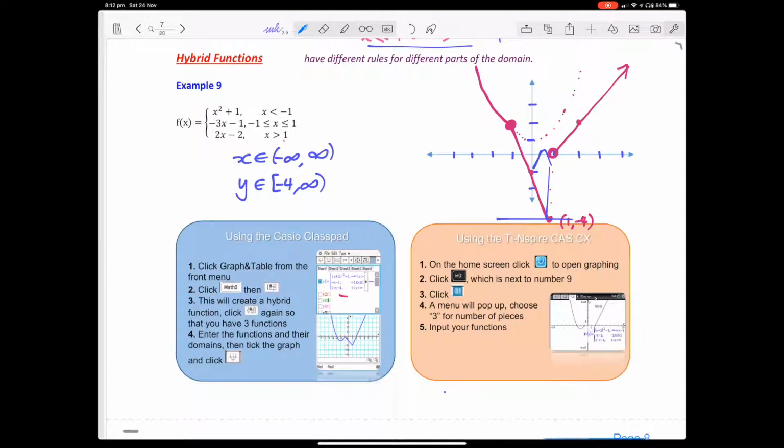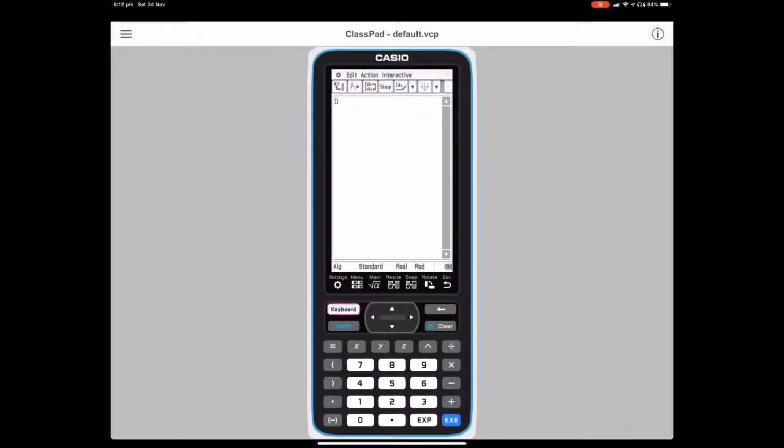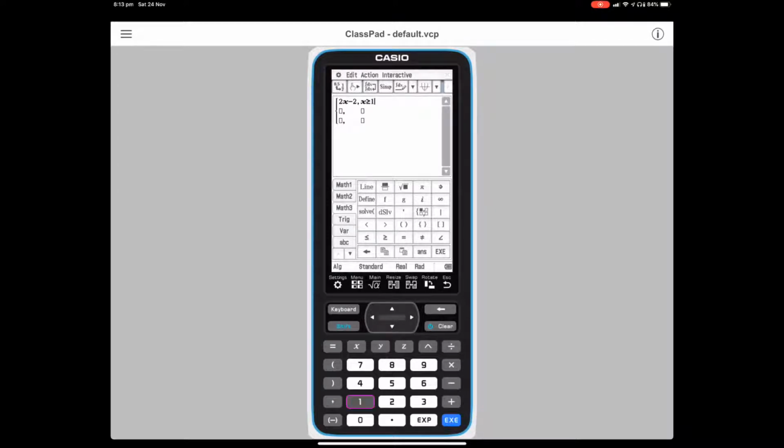Okay, when you want to put it in on both of the calculators, on this one, Math 3, you can put in multiple functions here. So I could go 2x minus 2, x is greater than or equal to 1, and continue to put all of your equations in. I'm just going to put something in there quickly to show you. Negative 1 is less than or equal to x, which is less than 1.